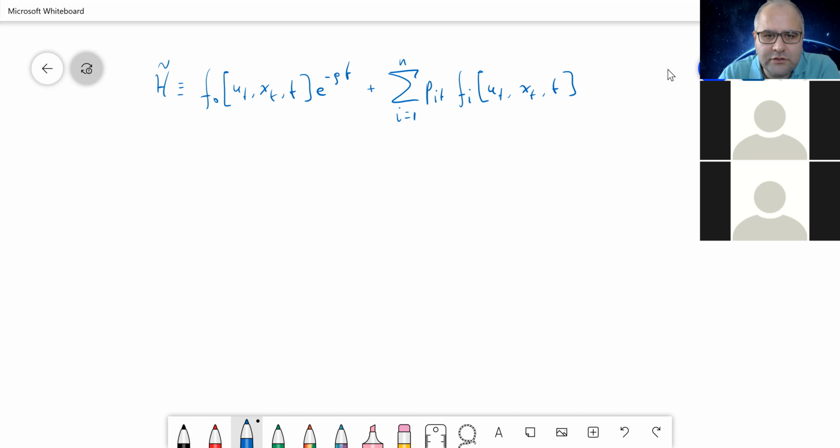And that condition tells me p_i dot equals minus the derivative of the Hamiltonian with respect to that resource. Let me check one thing. Yes, okay.